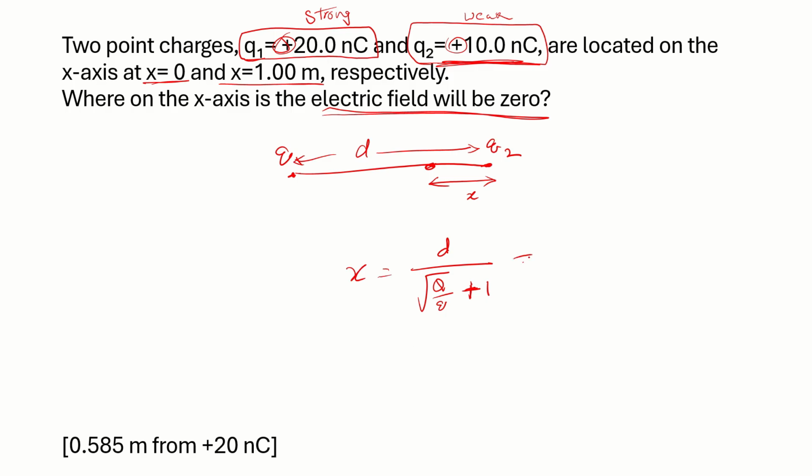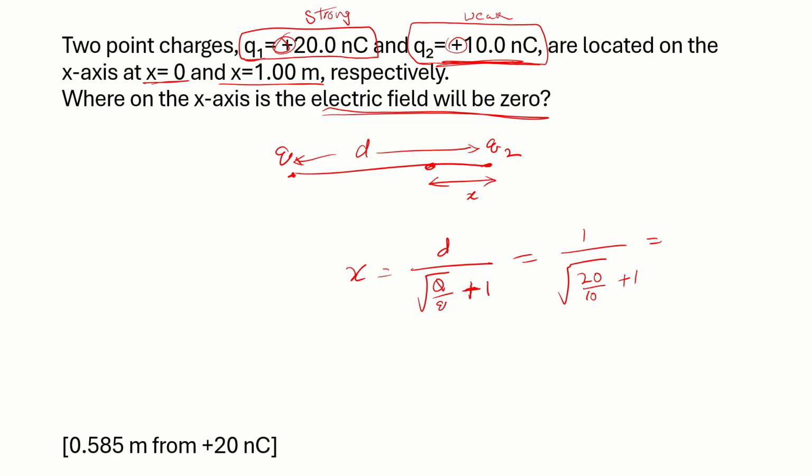Okay, that's it, we are ready. So 1 divided by square root of strong is 20, the weak is 10, plus 1. So let me do the calculations: 1 over root 2 plus 1.